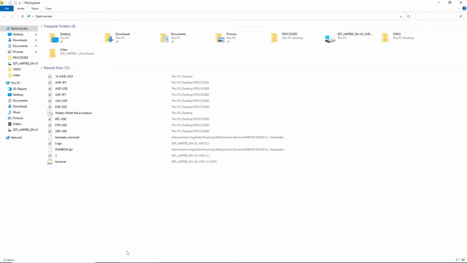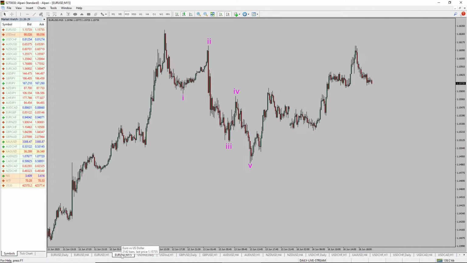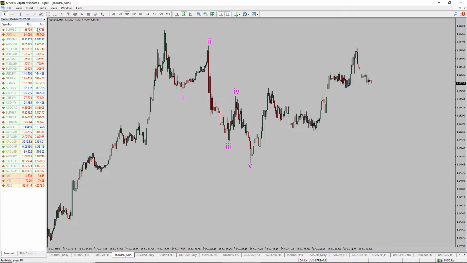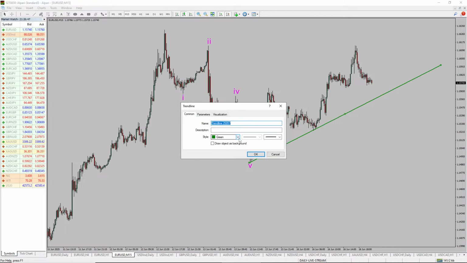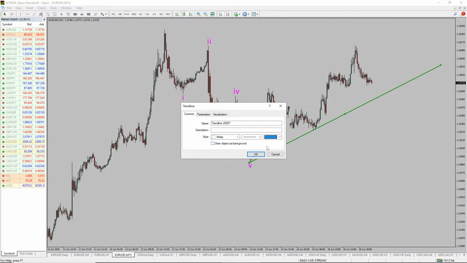Now if you go over to a smaller time frame, like a 15 minutes time frame, you will notice that we got this nice trend channel again. I'm going to change the color of this trend channel to white.